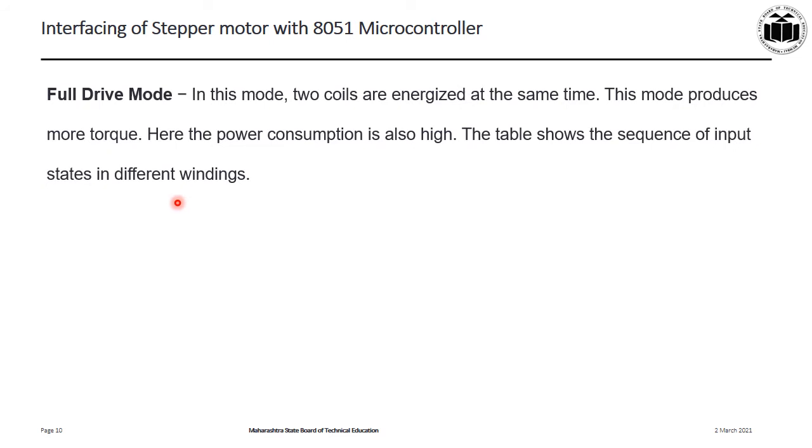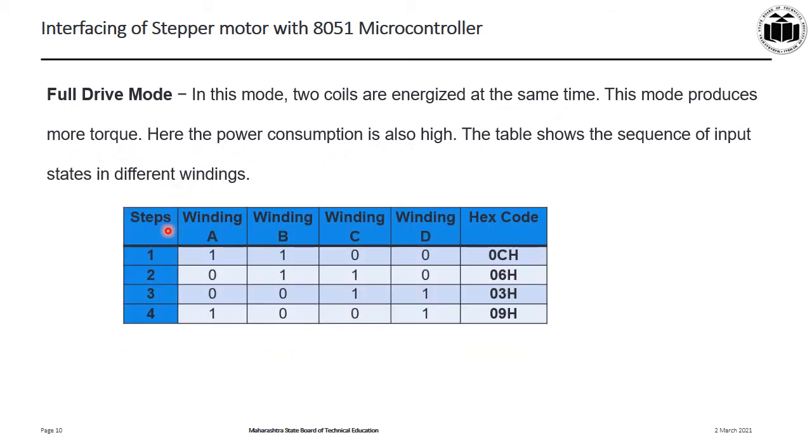Now there are two modes. The first one is full drive mode. In this mode, two coils are energized at the same time. This mode produces more torque and hence power consumption is also high. You will see the table. So if you see here, A and B windings are energized simultaneously. C and D are not.